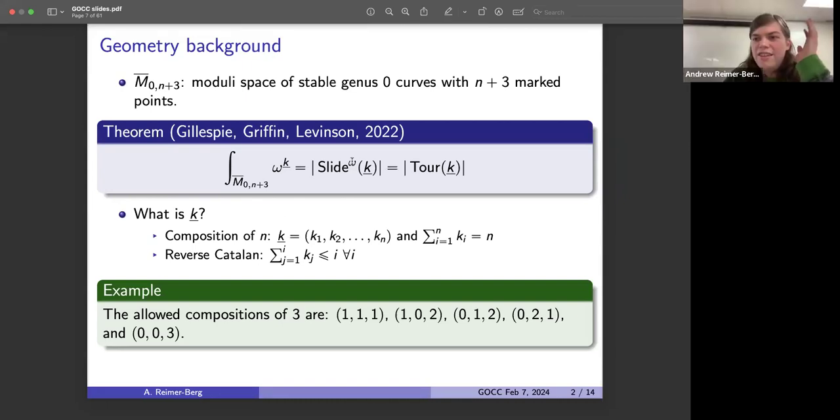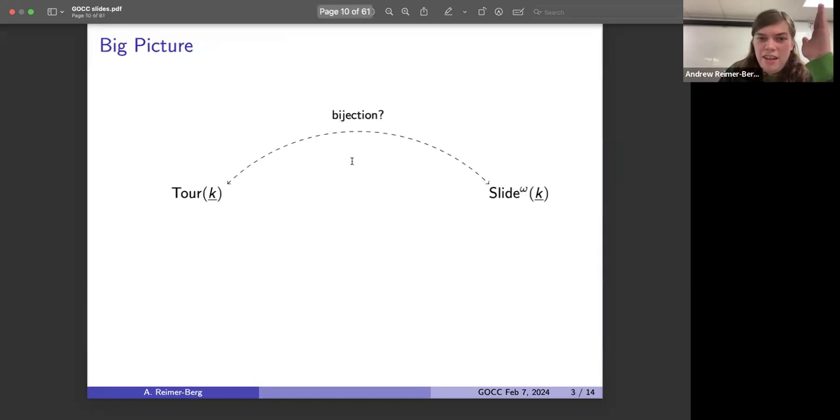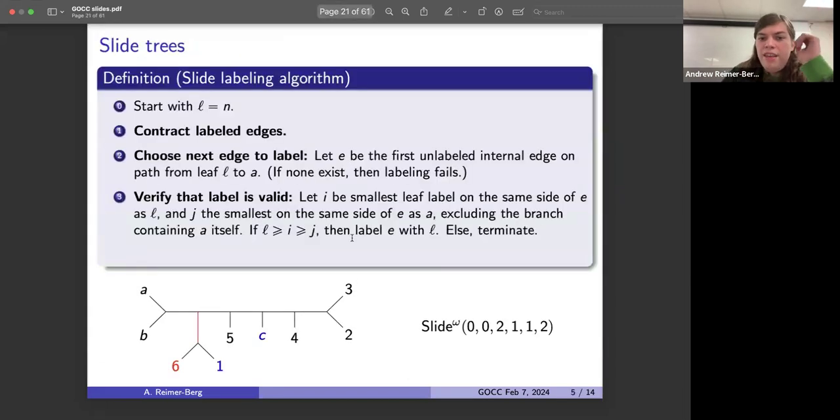Actually that distinction isn't that important in the right justified case, because it turns out that if k is right justified, slide omega of k and slide psi of k are exactly the same. Combinatorially, what happens when you have a psi there is that in this step here, you just get rid of the L is greater than or equal to condition.